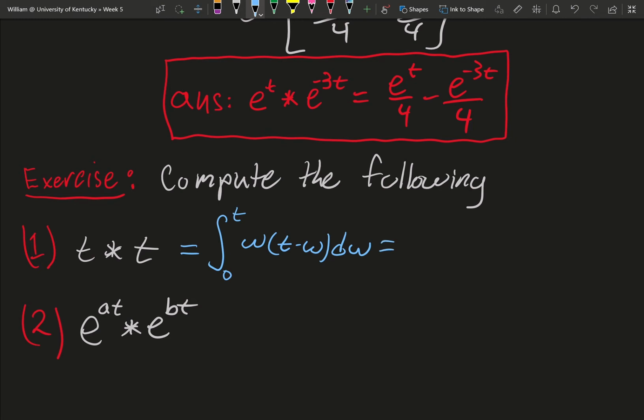You should have then ended up with w squared over 2 times t minus w cubed over 3 from w equals 0 to w equals t. And then your answer should have just been t cubed over 6.